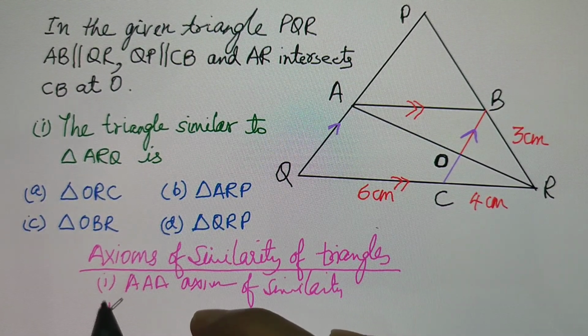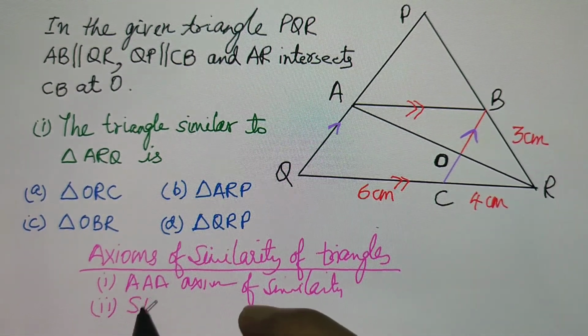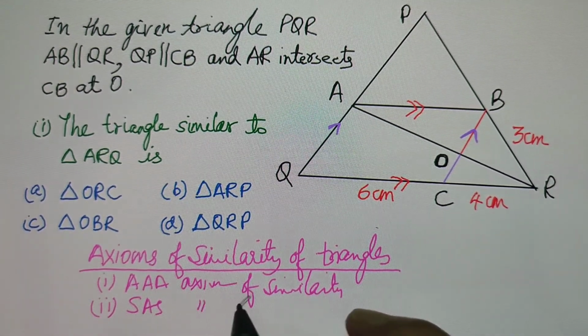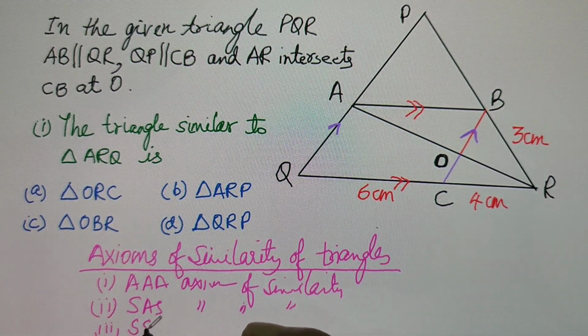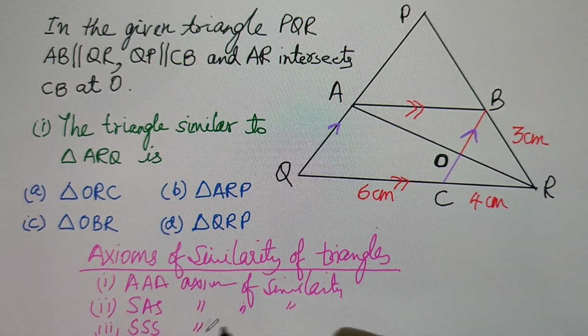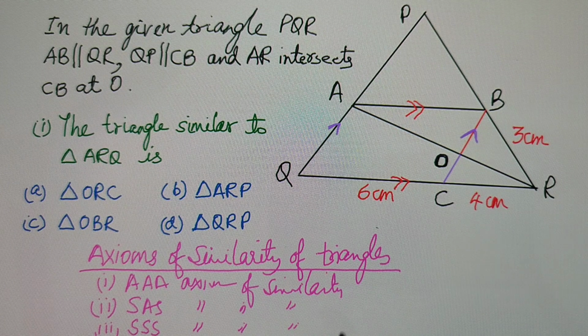Then the second one is the side axiom of similarity, and lastly we have the side-angle-side axiom of similarity. These are the three ways by which we can prove two triangles to be similar.